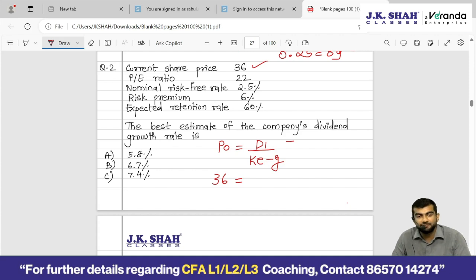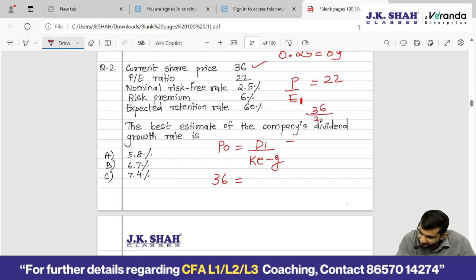But 40% of what? Of the EPS? EPS I will come to know. PE ratio is 22, and this will be E1 because next year. So price is 36. Divide by 22 will give me E1, which is how much? 1.636 is the E1.